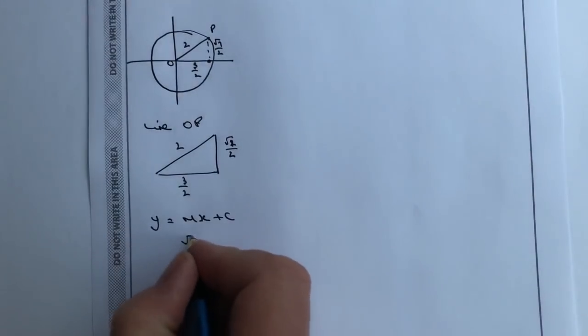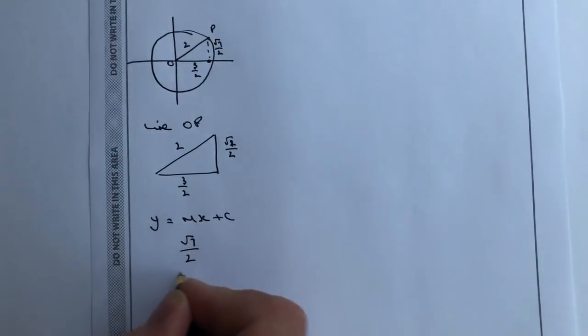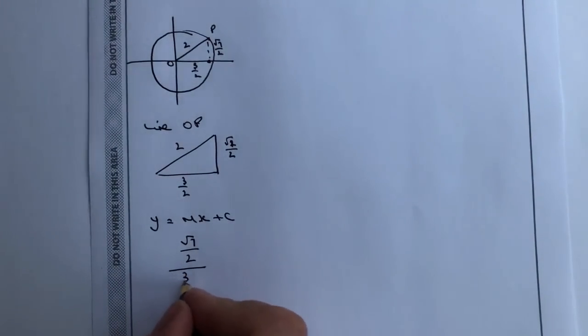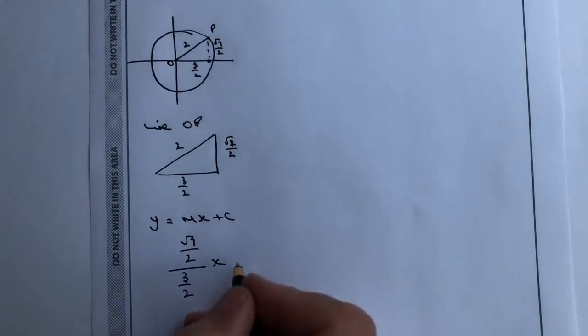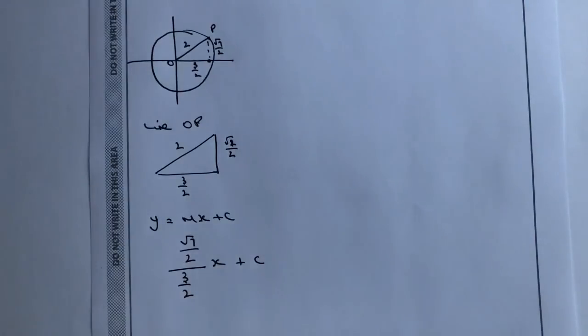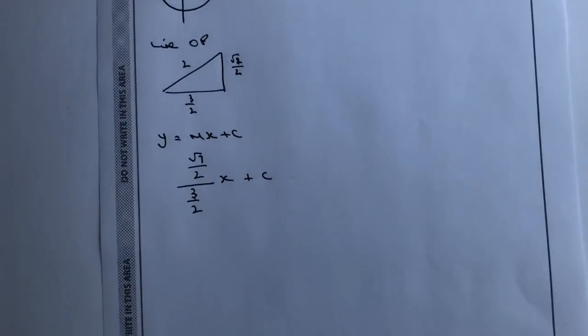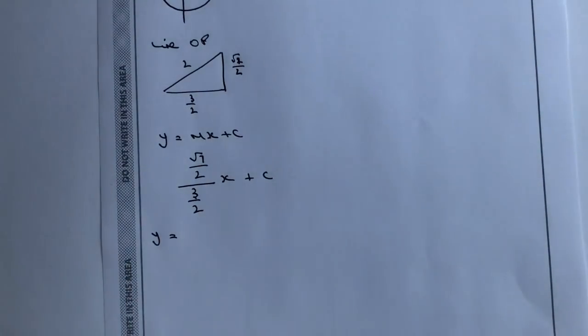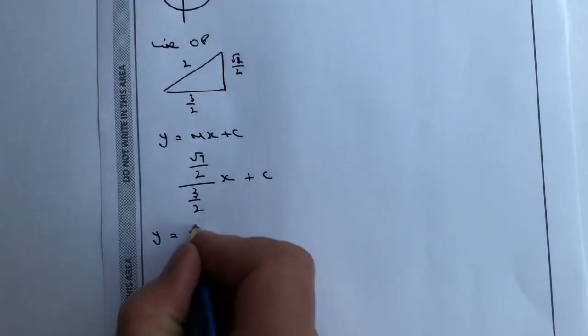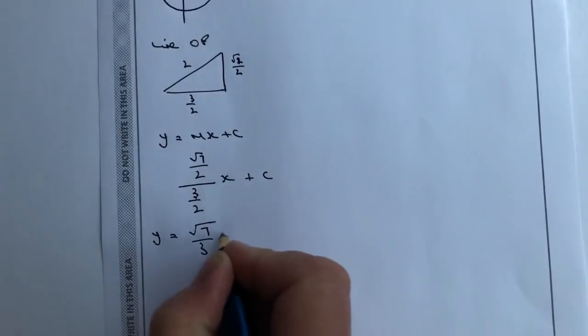So I've got this pretty horrible thing, root 7 over 2 divided by 3 over 2, x, plus c. If I put that into my calculator, I end up with y equals root 7 over 3 x.